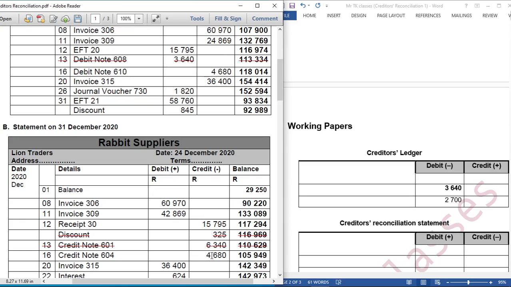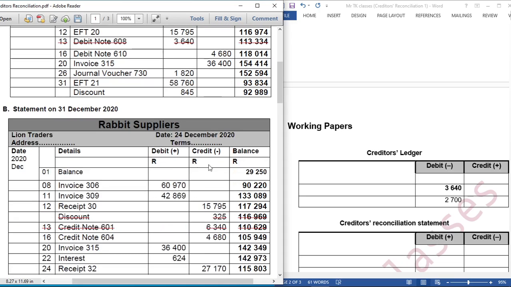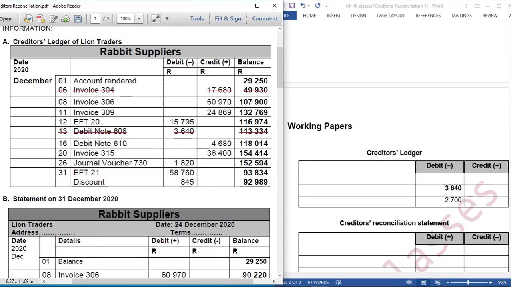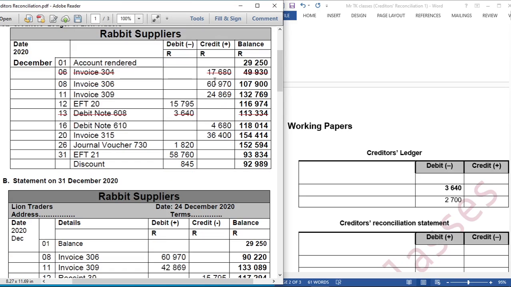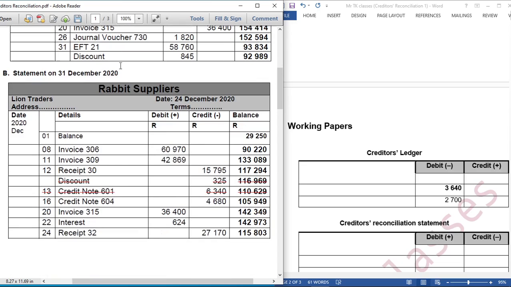All right, we have 4,680. We also have 4,680 here, but this amount is appearing on the credit side here and also on the credit side here. So now we need to know which side it was supposed to appear under our creditors ledger and which side it was supposed to appear here.